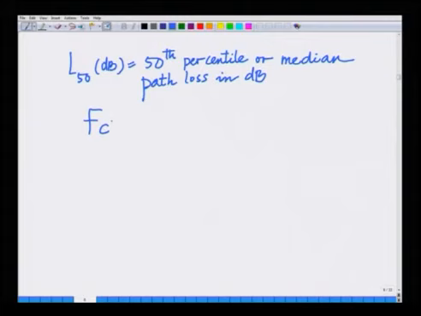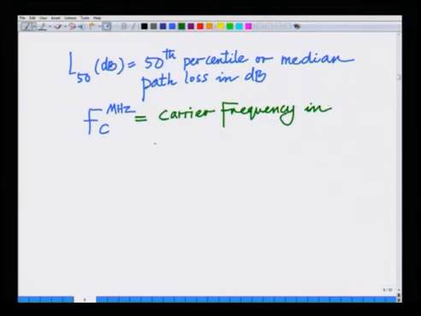Fc megahertz is nothing but the carrier frequency, but it has to be given in megahertz. Fc equals the carrier frequency in megahertz.